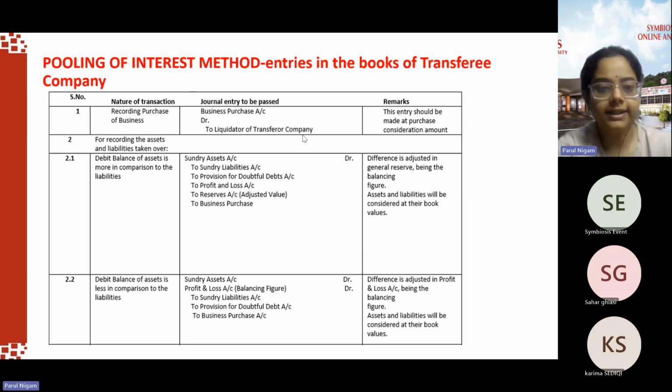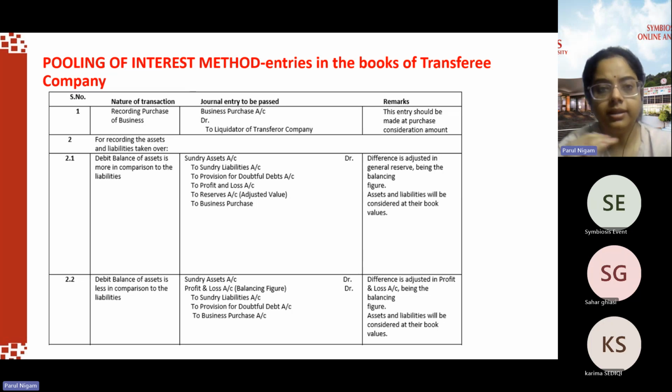Because that company is getting dissolved, liquidated. You have studied in yesterday's session that when a company is dissolved, when it ceases to exist, a liquidator is appointed. So that company will have a liquidator.